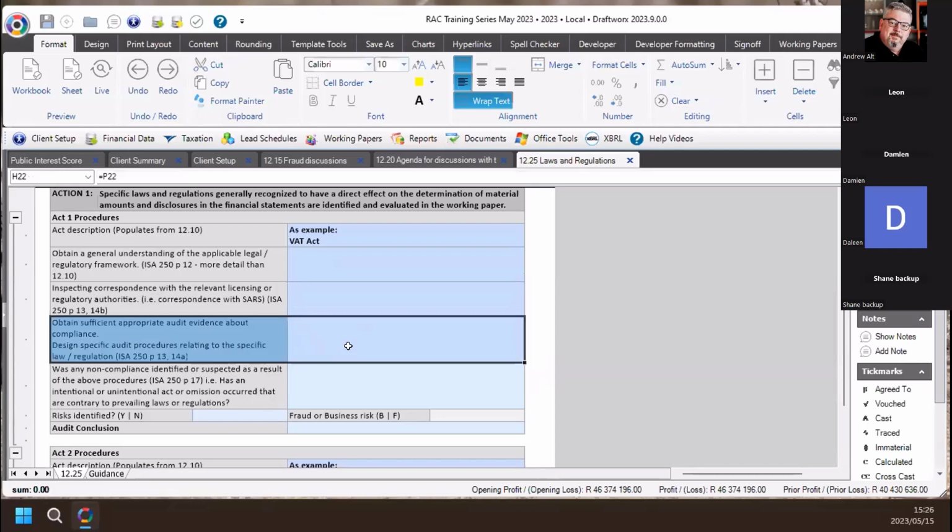Now, depending on what you do here is going to change quite significantly. But I want to point out the word that it's dealing with here is compliance. Are they complying with the Act? Now, you might go and say, well, let's see if they've got a tax clearance certificate. And if they do, then they are complying with all the various requirements.